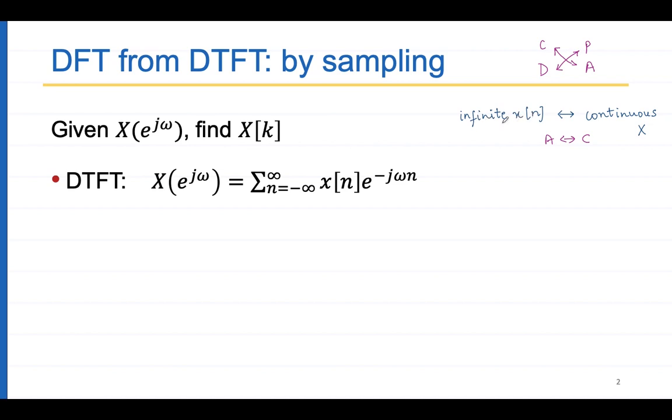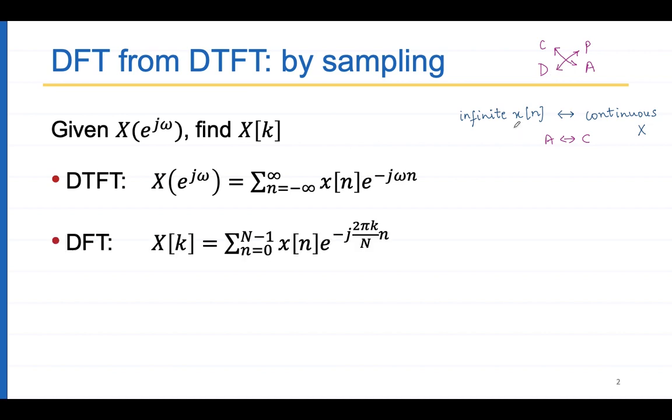It's aperiodic. Since this is aperiodic, the corresponding Fourier transform will be continuous. That's why we get X(e^{jω}). But you also know x[n] is discrete, so my capital X will be periodic, right?